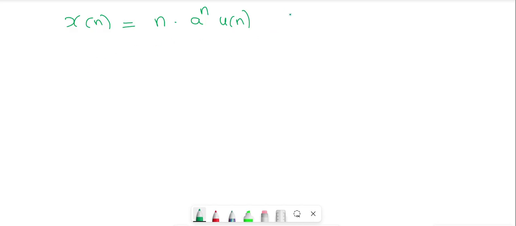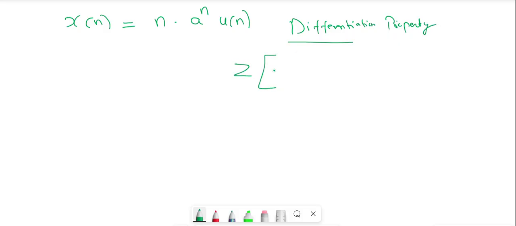What is the differentiation property? It says that the z transform of n into x1 of n will be minus z d of x1 of z by dz.